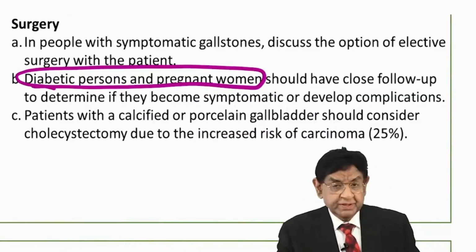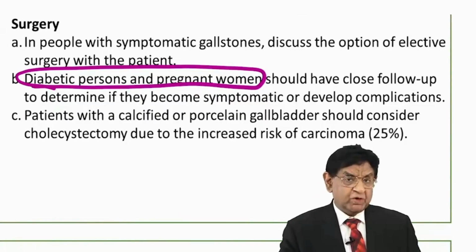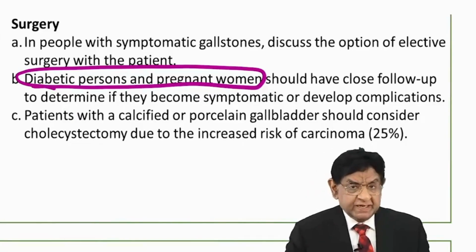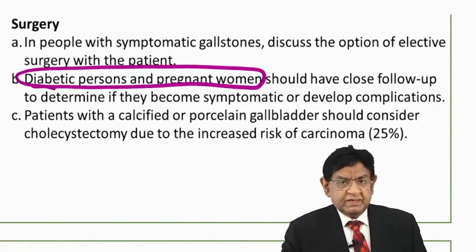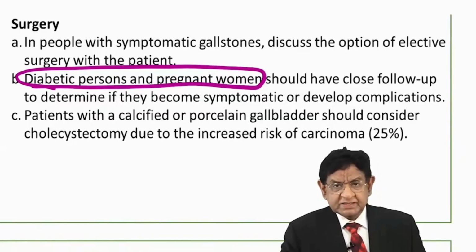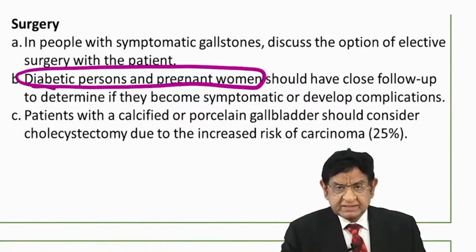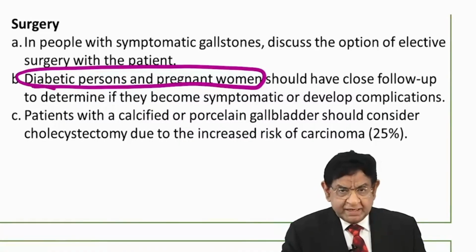If the patient is diabetic or pregnant, they need a special follow-up even if there are no symptoms. They are asymptomatic. Say the patient is pregnant, ultrasound was done for pregnancy reasons, and the stone was picked up. And remember, even a diabetic patient has no symptom. But for these two patients we have to do special close follow-up. There's a reason behind that.